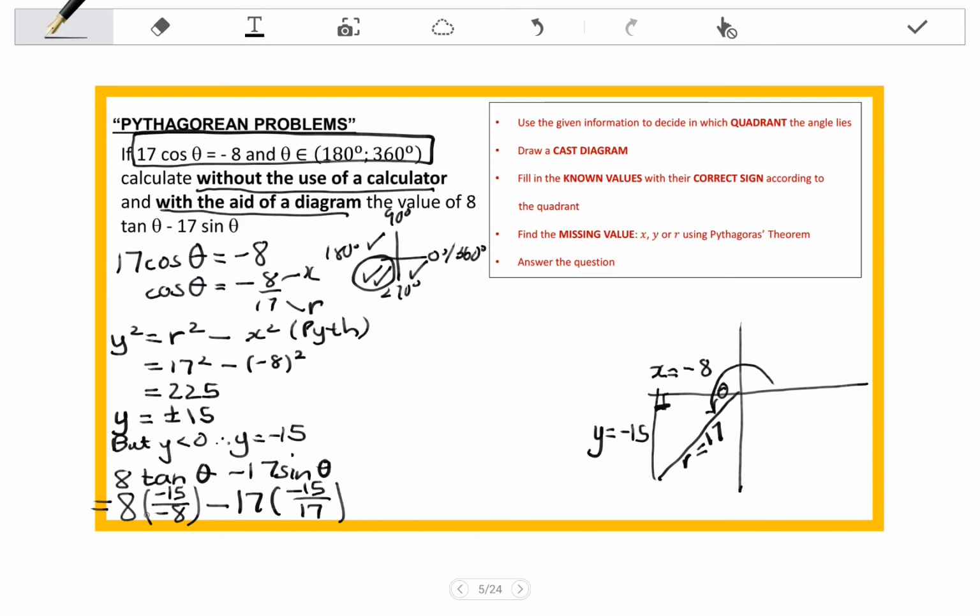Now to find these values, it's quite easy without a calculator because my 8 and my 8 cancel, 17 and 17 cancel, so I'm left with negative 15 divided by negative, so that's positive 15. Negative times negative 15 is positive 15, so plus 15 again. That gives me a value of 30.